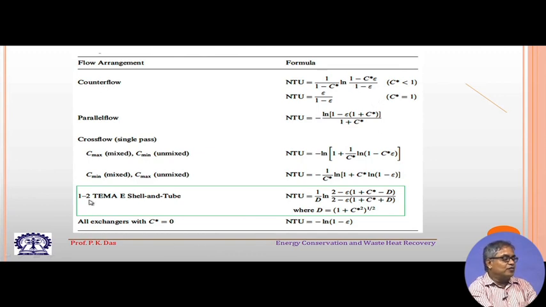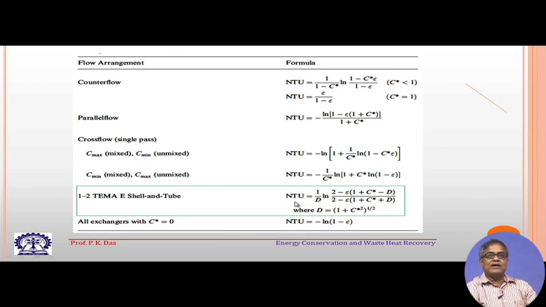Our heat exchanger is a 1,2 TEMA E shell and tube heat exchanger. So, for that we have got a relationship like this. Fortunately, we have got this relationship. So, once we know NTU and C star, D is defined over here. Once we know these values, then the right hand side is known totally, we can calculate the left hand side, that is the NTU.